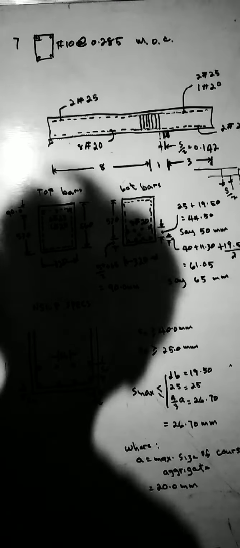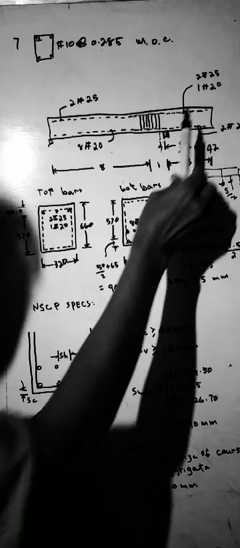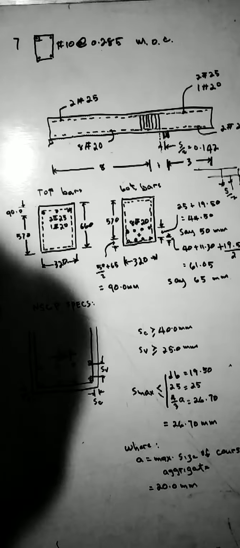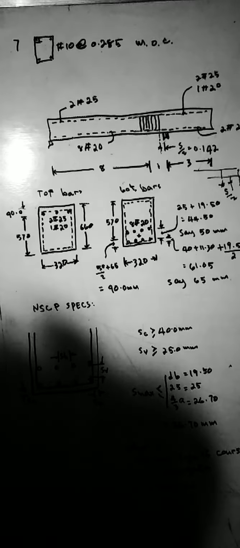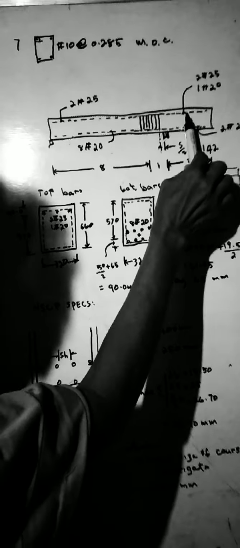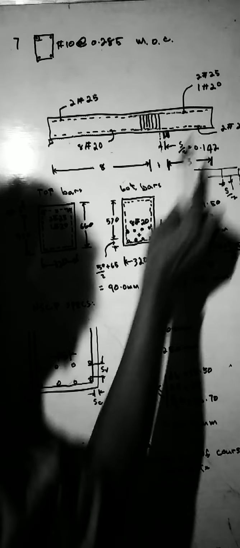And this top bar is 2 of number 25 and 1 of number 20. The bar here is 2 of number 25, meaning only 2 top bars here, and this is 3 bars.